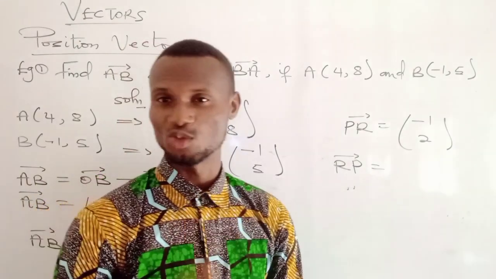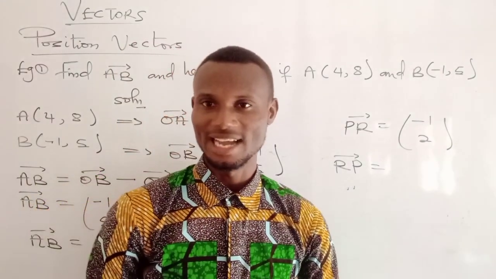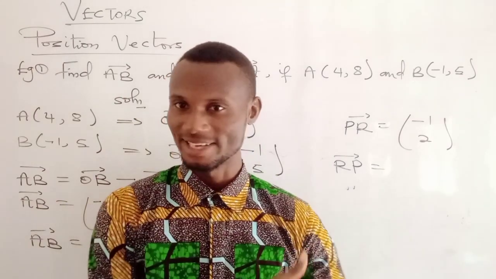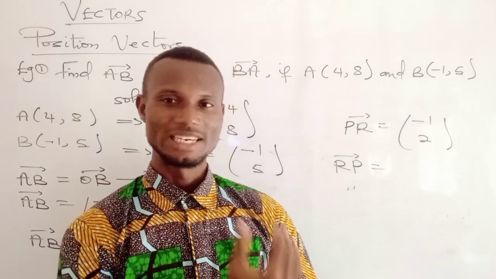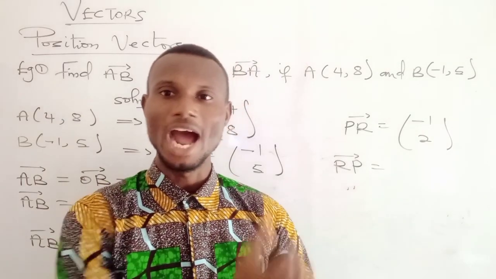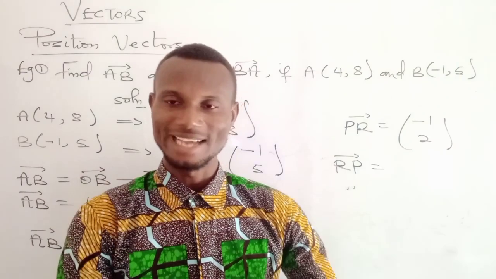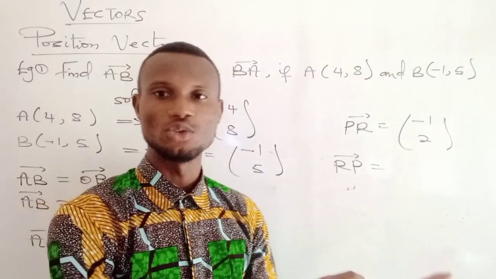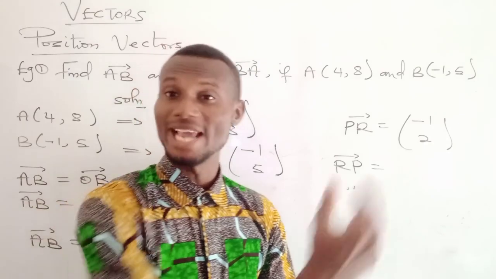I want to repeat it one more time. All that I'm saying is that the inverse of a vector simply means the opposite of that vector. So having the vector PR, the inverse of the vector PR is going to be RP. And how do we get that RP? That's what I'm showing you. For you to get RP, you just need to negate the PR.